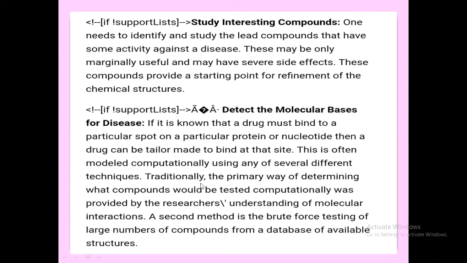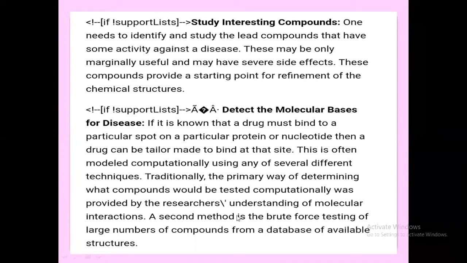Traditionally, in the conventional method, the primary way of determining what compounds would be tested computationally was provided by the researchers, that is, their understanding of molecular interactions of that particular lead compound. A second method is the brute force testing of large numbers of compounds from a database of available structures. So first you have to identify the lead compound.